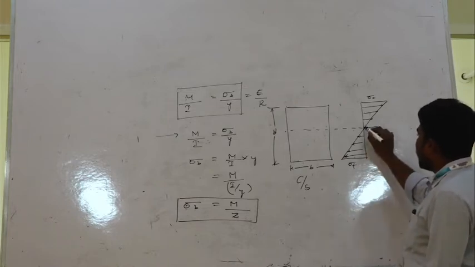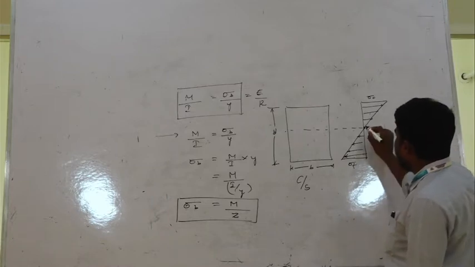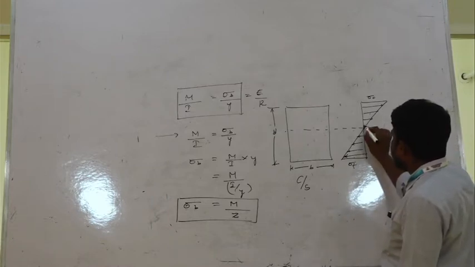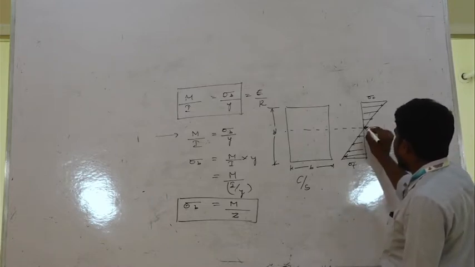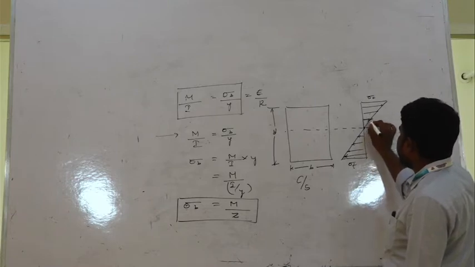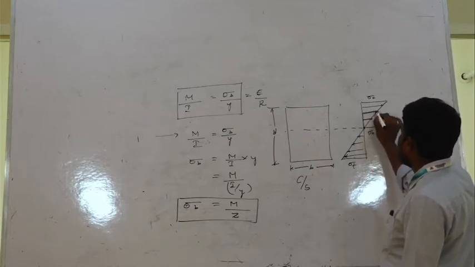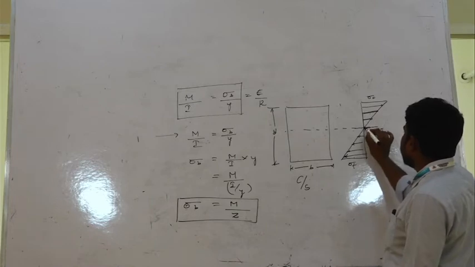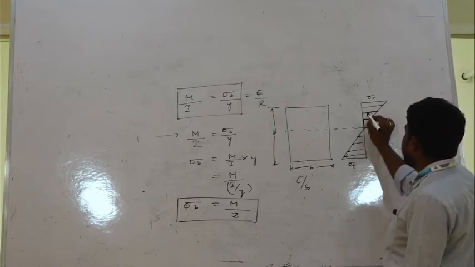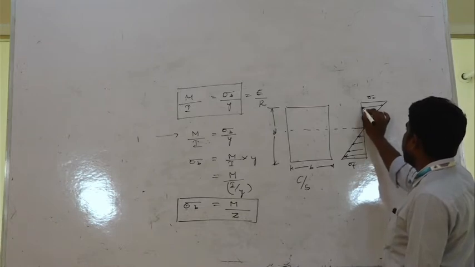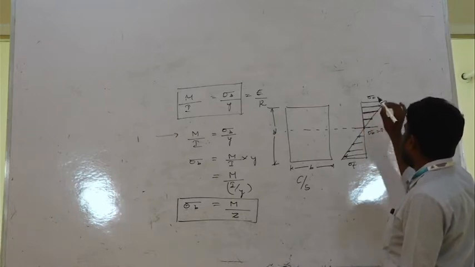Bending stress at the neutral axis is 0, but as the extreme distance from the neutral axis increases, stress also increases. This is the extreme distance in this way, and this is the bending stress.